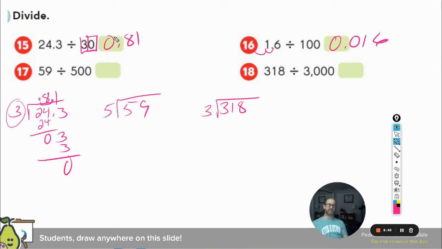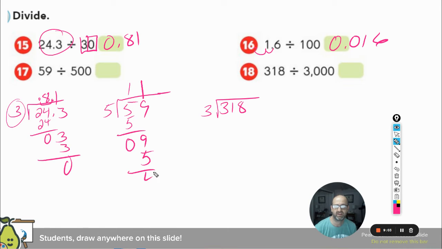Which, if you look, this is a number a little bit less than 1. If you multiply a number a little bit less than 1 times 30, you'll get something a little bit less than 30. Okay. For this one here, 5 goes into 5 once, 5, 0, 9. 5 goes into 9 once. Got a 4.